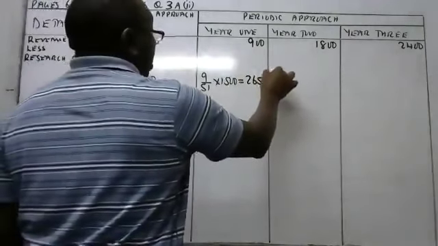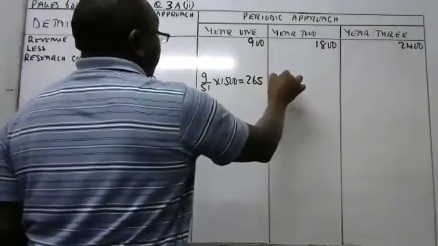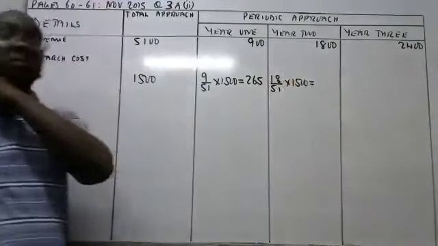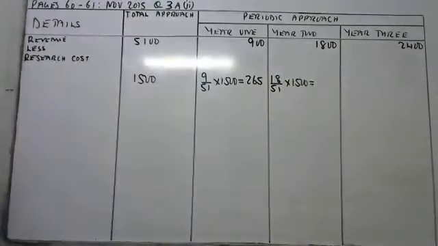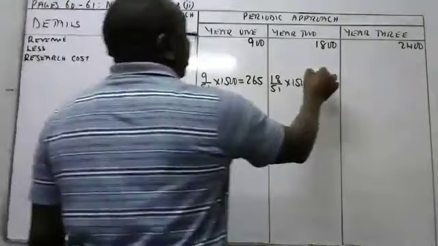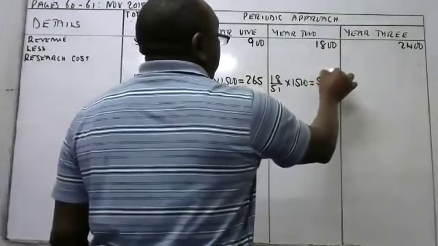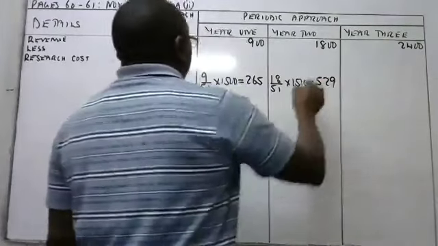Then the next will be 18 out of 51 times 1500, which is 529.